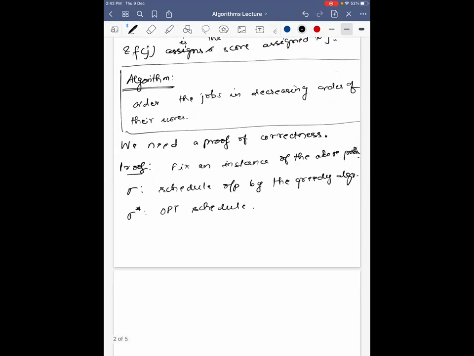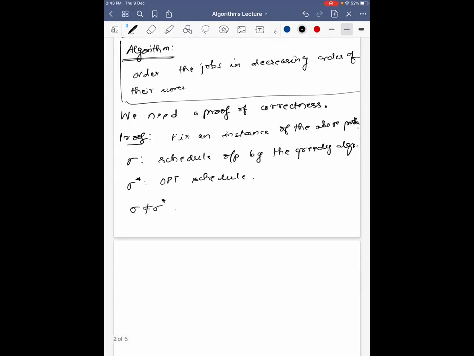Now, since we are proving by contradiction, it should be the case that sigma is not equal to sigma star, because if sigma is equal to sigma star, then there is nothing really to prove. So suppose sigma is not equal to sigma star. Now, just for the sake of convenience, we'll rename the jobs based on the order in which they are scheduled in sigma.